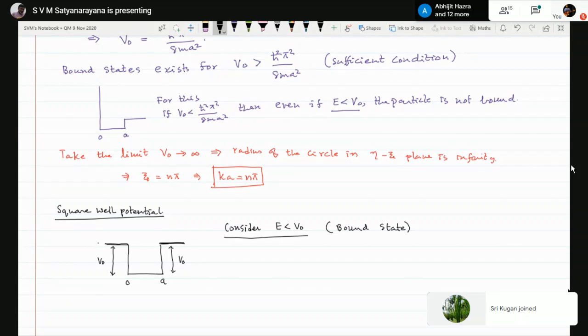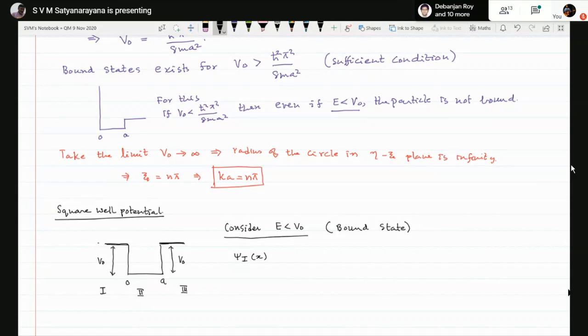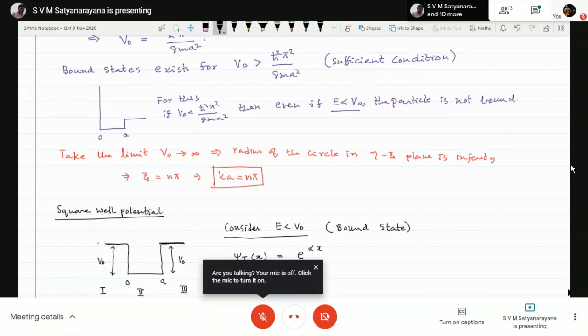Okay. So what will be the wave function in the psi1 case? Psi1 of x. So let's say this is region 1, this is region 2, and this is region 3. So psi1 is equal to A e to the power alpha x, because x is less than 0 in region 1.